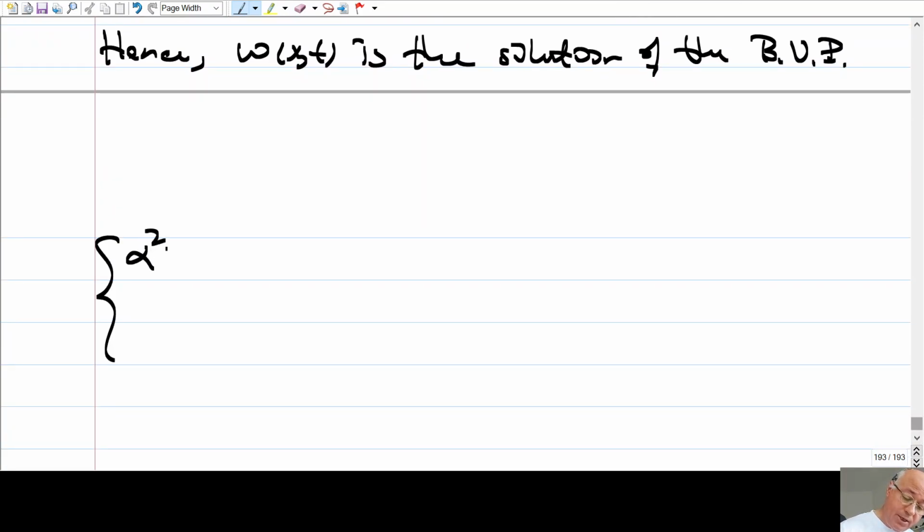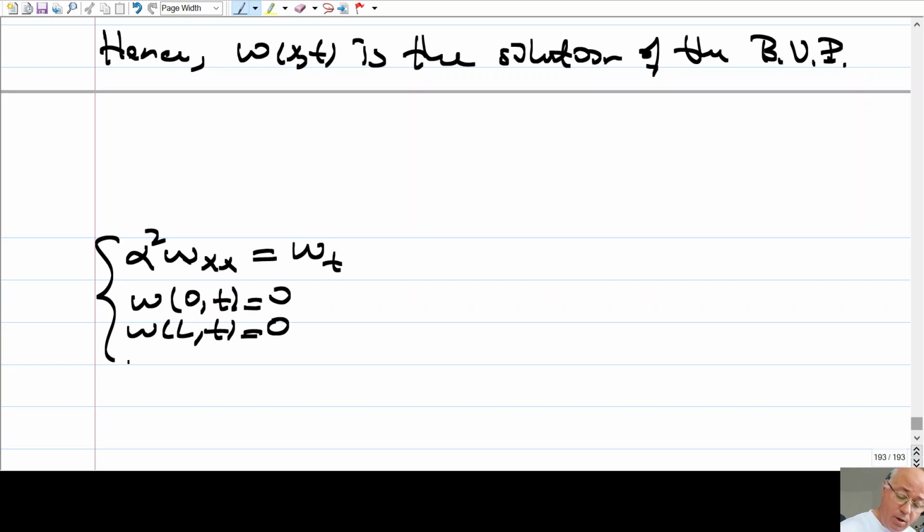It satisfies this equation together with these homogeneous boundary conditions, and it satisfies the initial temperature distribution condition, where I have here f of x minus v(x).